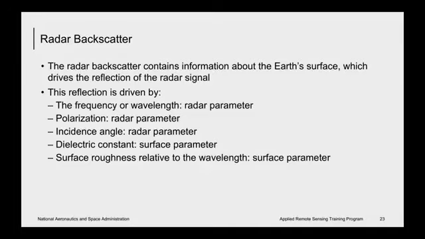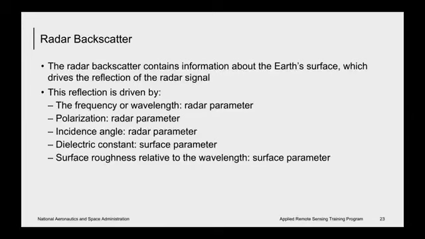So radar backscatter. We've talked about the radar parameters that influence backscatter, such as frequency, polarization, and incidence angle. And now we will discuss the ground parameters that influence backscatter. And these are dielectric and surface roughness or structure.